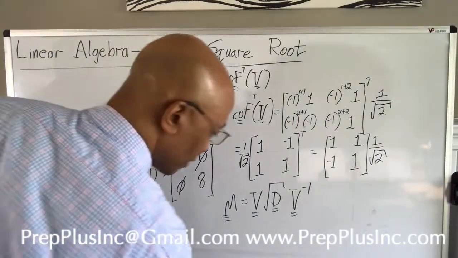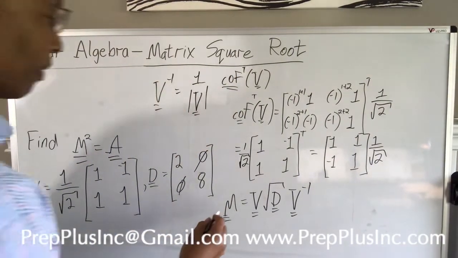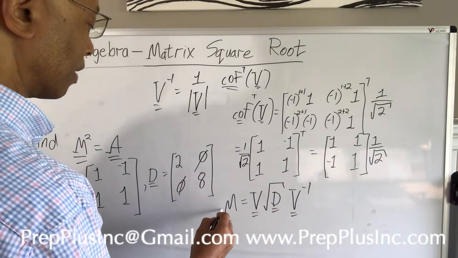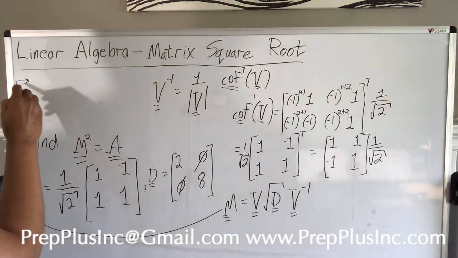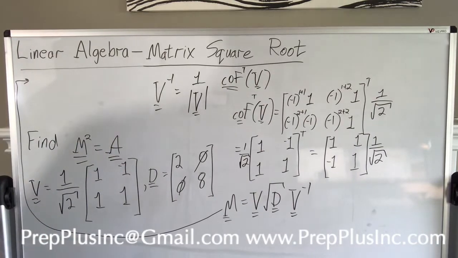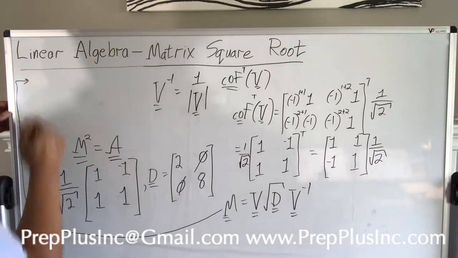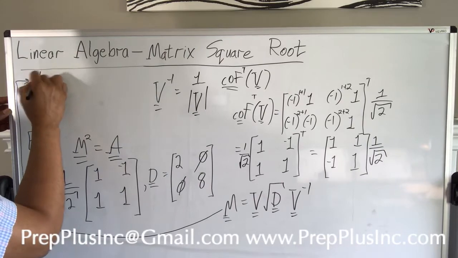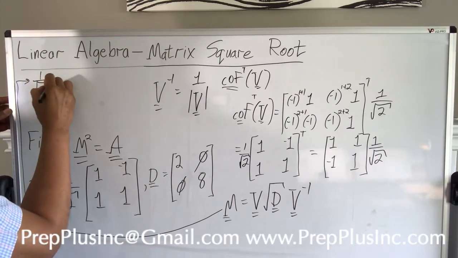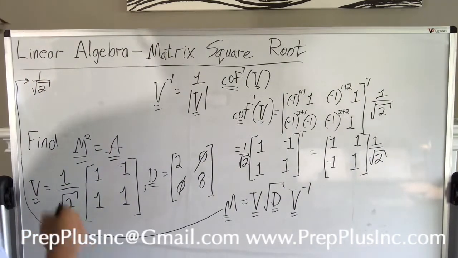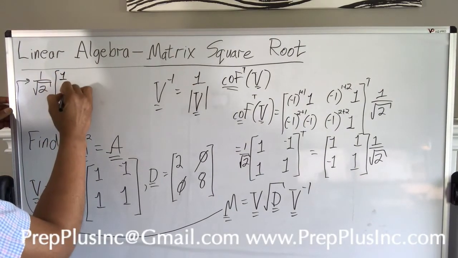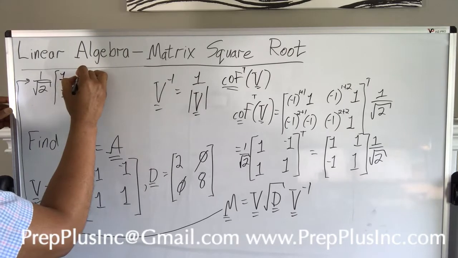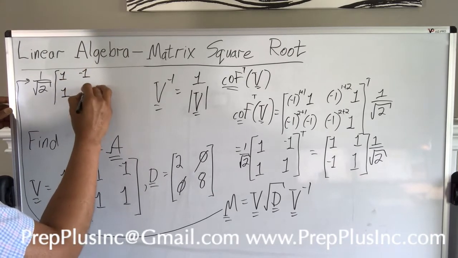Now we're going to go all the way up here. So V is 1 over the square root of 2 times the matrix 1, 1, minus 1, 1.